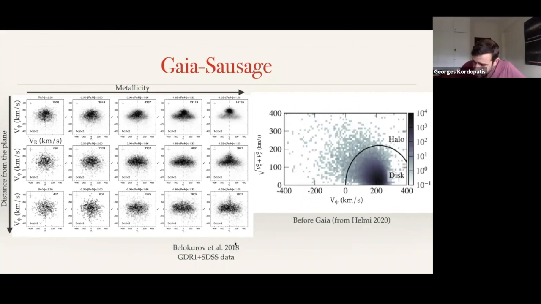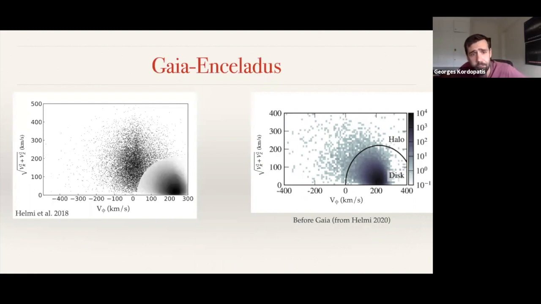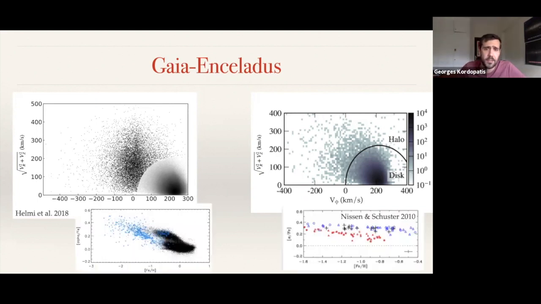A few months later, this time using Gaia DR2, Amina Helmi redid the Toomre diagram, the equivalent of this one, and saw that what we thought was a smooth distribution of halo stars actually contained an overdensity. This overdensity, which was mostly centered around 0 with a strong retrograde amount of stars, they cross-matched with ground-based spectroscopic surveys, and they investigated the alpha over iron versus iron plot.